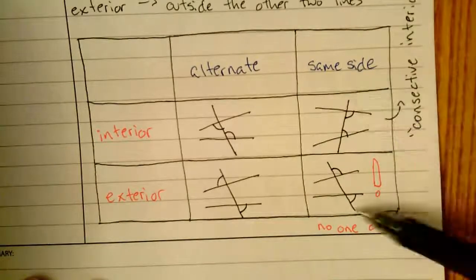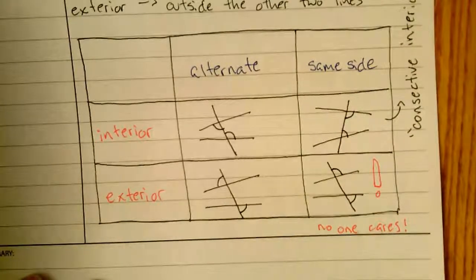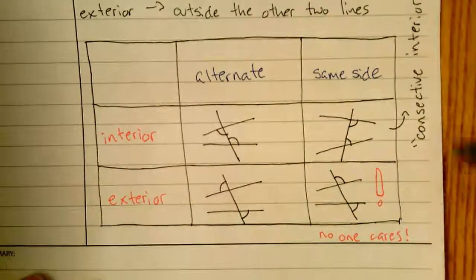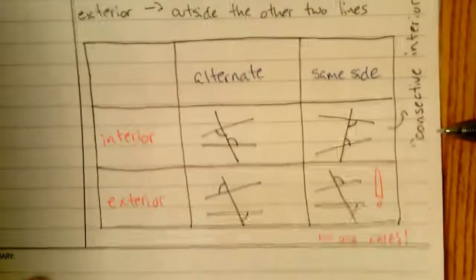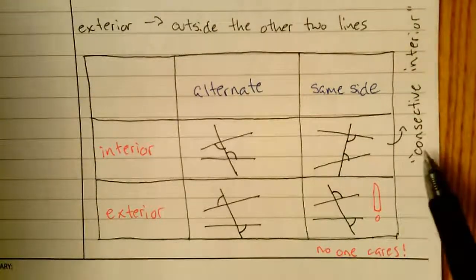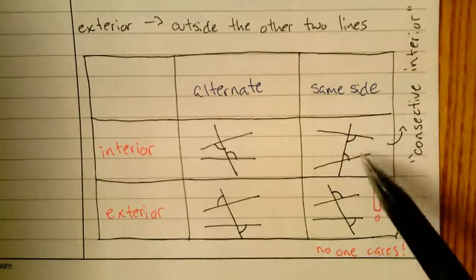And same side exterior: same side of the transversal, outside the parallel lines. No one cares. Never seems to come up in anything. And sometimes same side interior angles are called consecutive interior angles. Consecutive means one right after the other, and they're kind of one right after the other on the inside there.